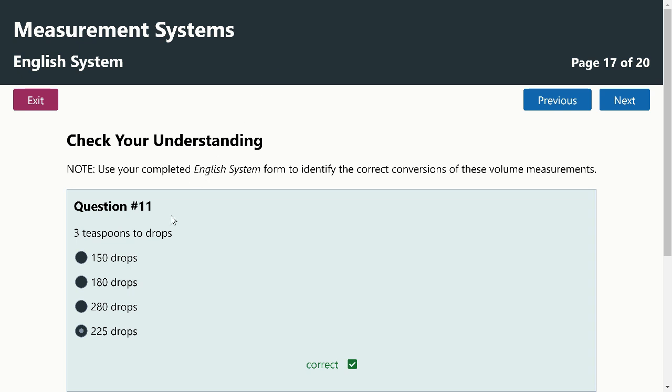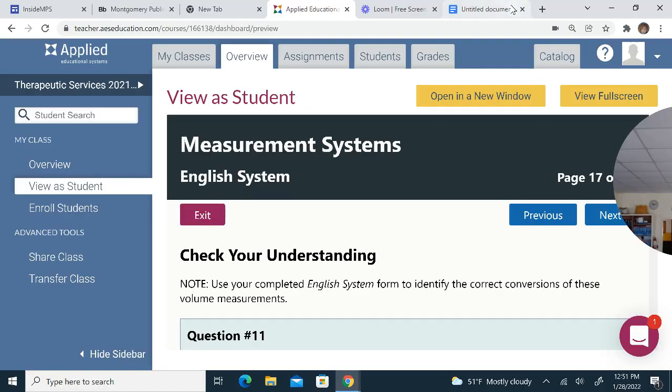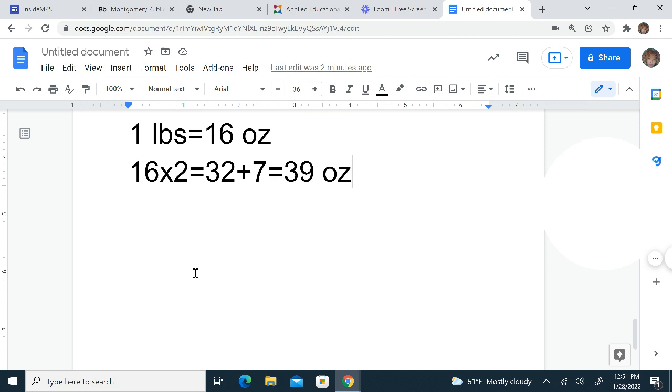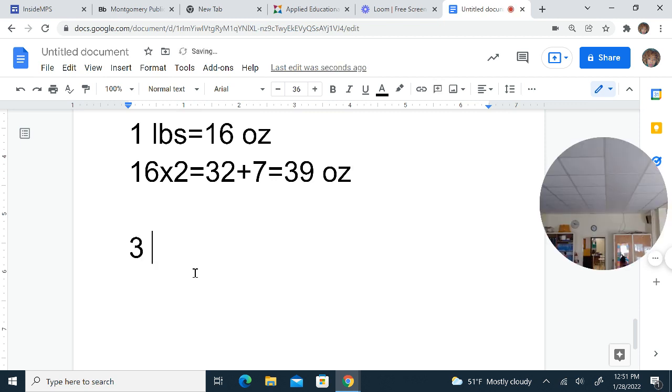Now, which one we on? 3 teaspoons to drops. And so the answer is 225, but we're gonna work it out before. So 3 teaspoons to drops.